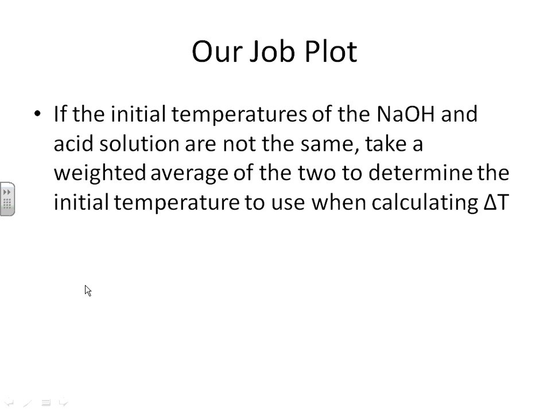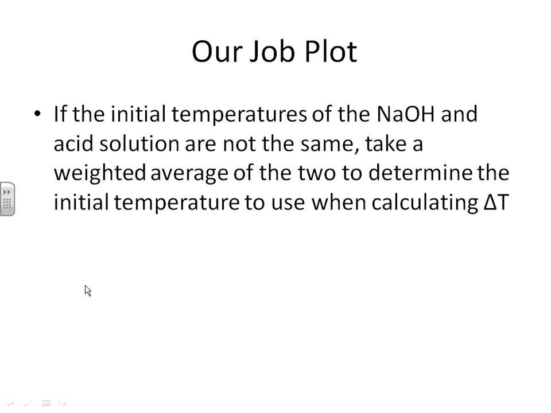You are actually not plotting the final temperature reached, but the change in temperature. And so if you've got two things that are starting at two different temperatures, you have to account for that. The way you're going to do that is by taking a weighted average of the two initial temperatures so that you get one initial temperature overall. The lab handout has the instructions on how to do that.